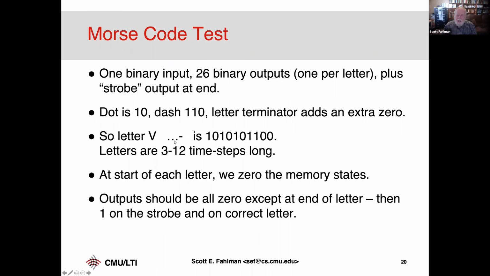So letter V is dot dot dot dash, and it would be represented as this string, 10, 10, 10, 110, and that's the end of the letter, so you see a second 0 in a row. The letters are between 3 and 12 time steps. The simplest one is 100, that's 1 dot, and that's the letter E.